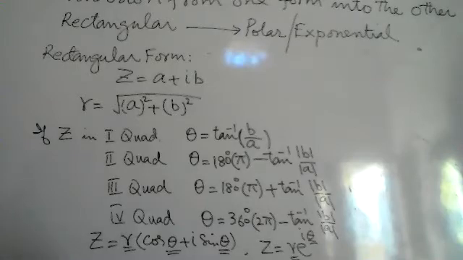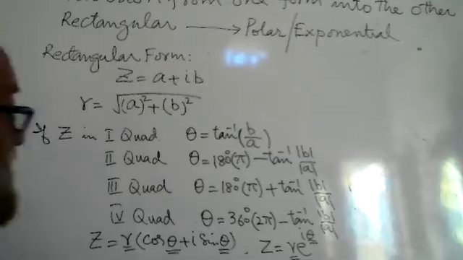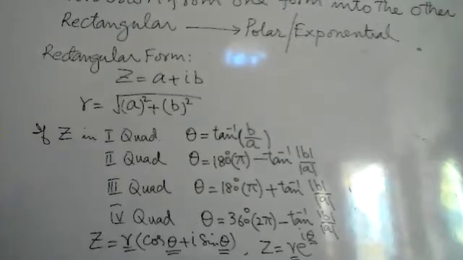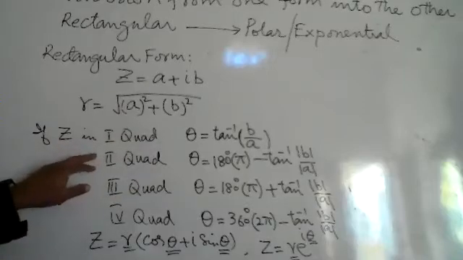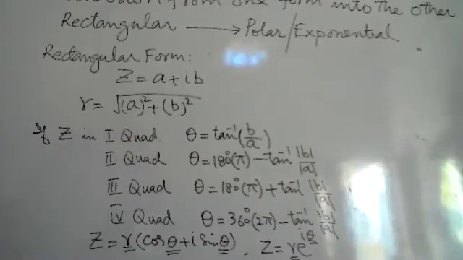Now we will do exercise 11.3. This is how to find r. For theta, it may be in the first quadrant, second quadrant, third quadrant, or fourth quadrant.